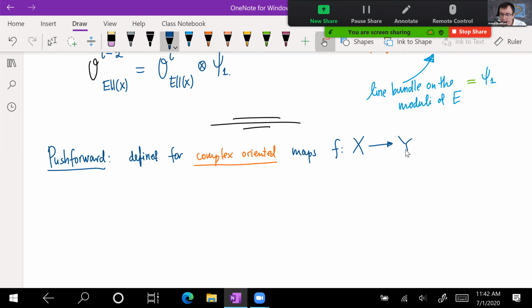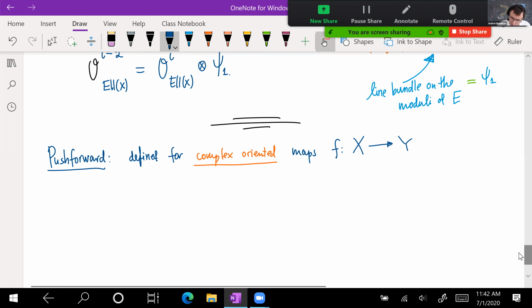Okay. And the way that it's defined is going to copy what we did. Remember when we discussed push forward in algebraic geometry? Of course, you can define push forward however, but it's convenient to factor every push forward into inclusion and projection. And so this is the same.